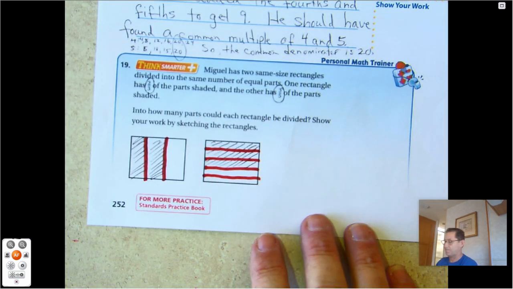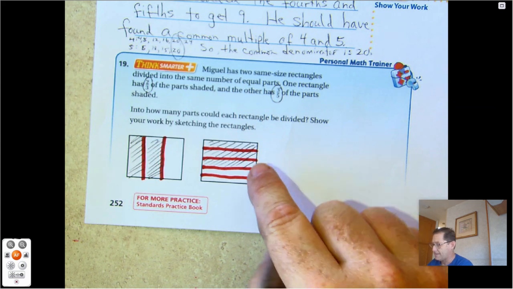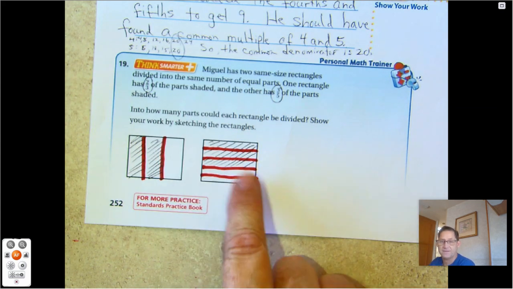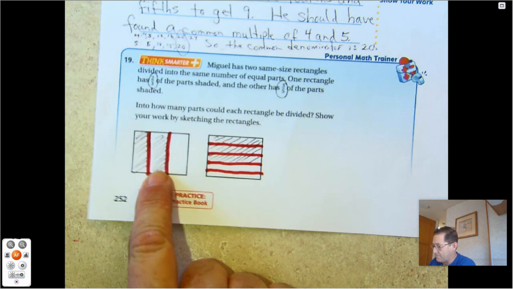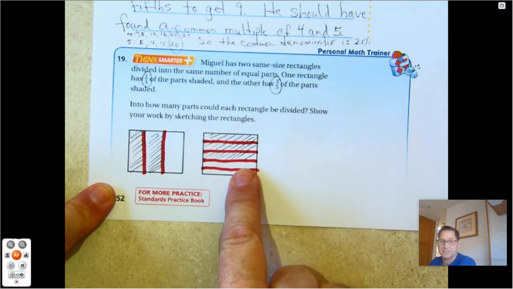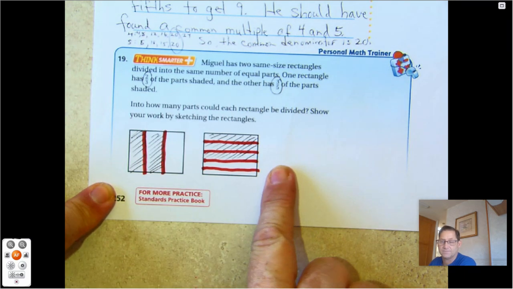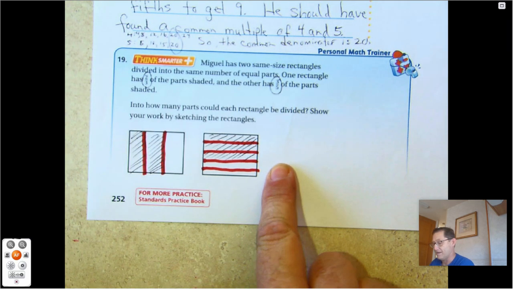Now if I add 5 sections to the 2/3, and add 3 vertical sections to this one, they would match. So let's do that.